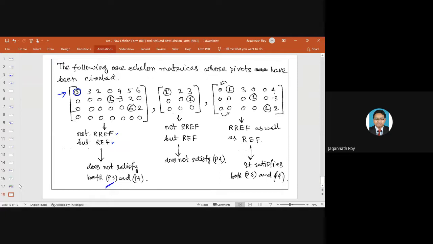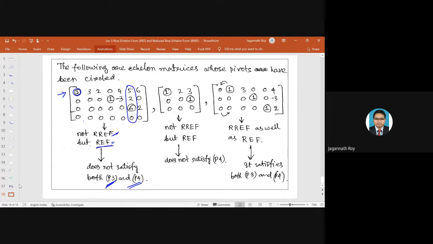Not only P3, it is also not satisfying P4. So it is violating P3 and P4. So it is not in RREF, but it satisfies P1 and P2. So this is why it is in REF.